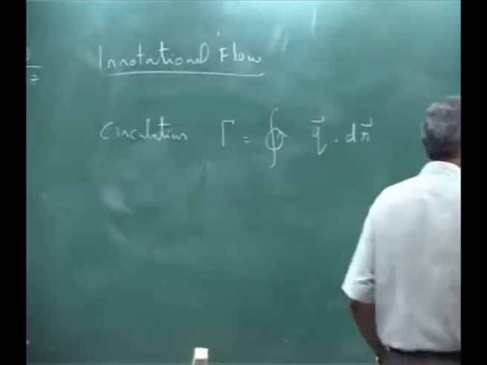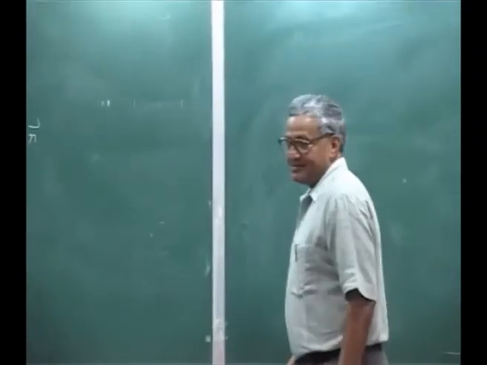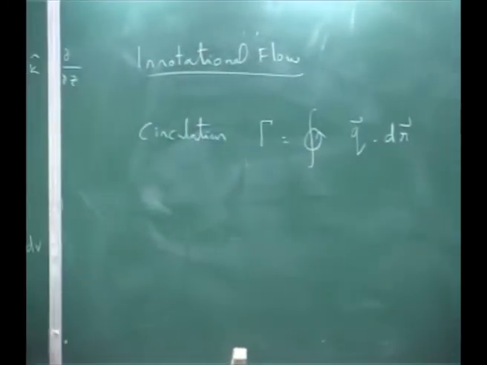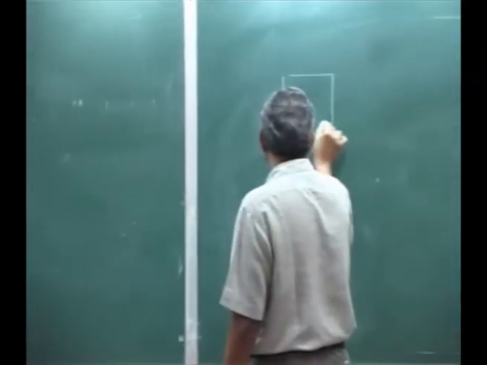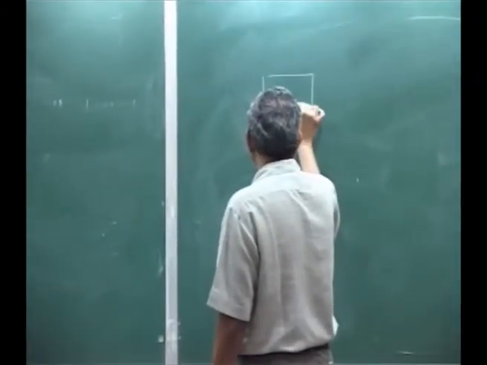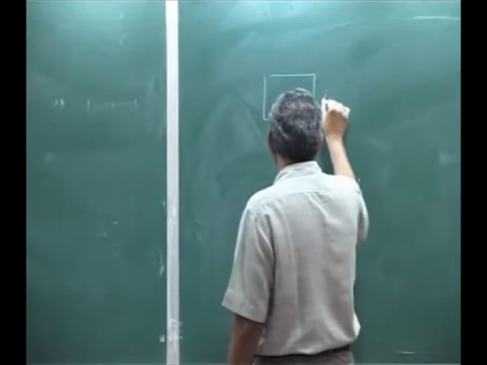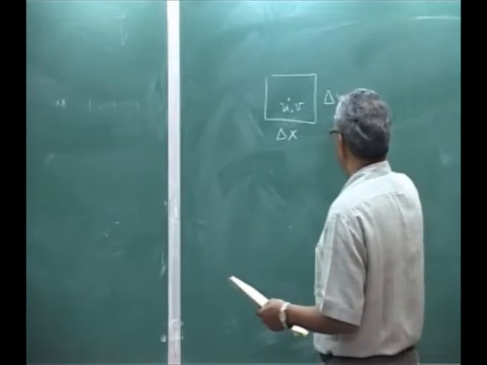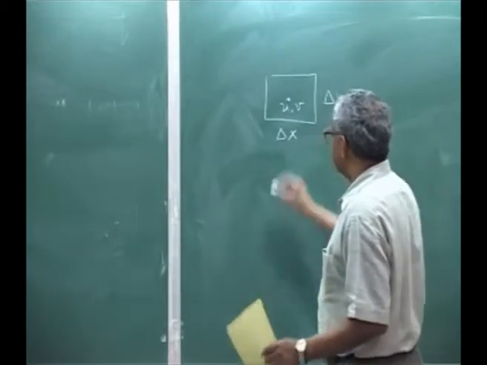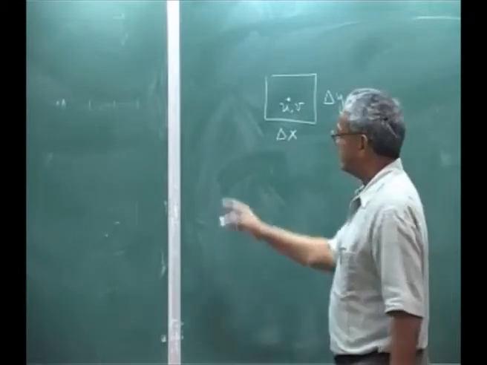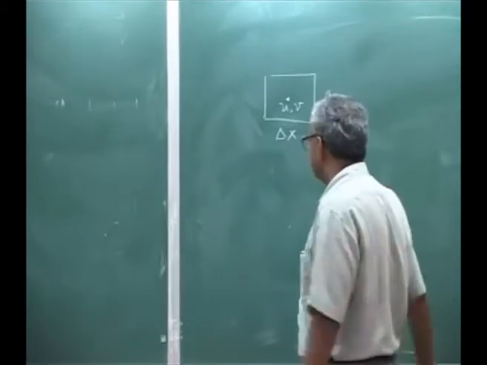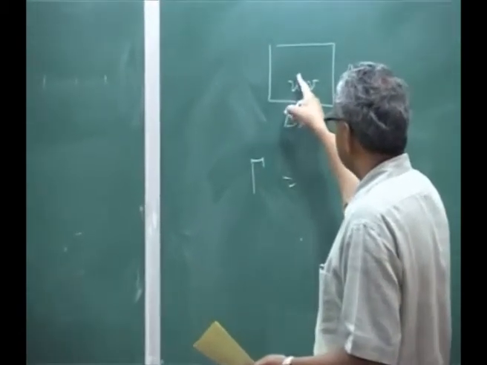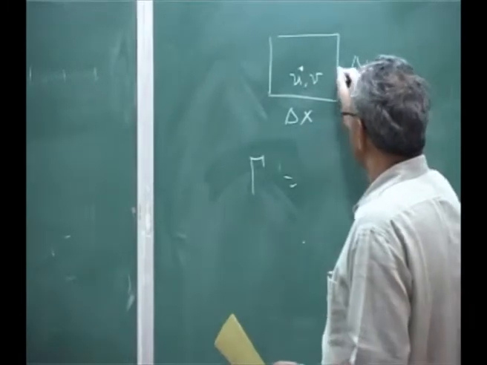Now, for the sake of calculating this in 2D, you take a point with velocity u, v, and this is delta x, this is delta y. Now you want to calculate circulation for this element. You have to go around it like this.